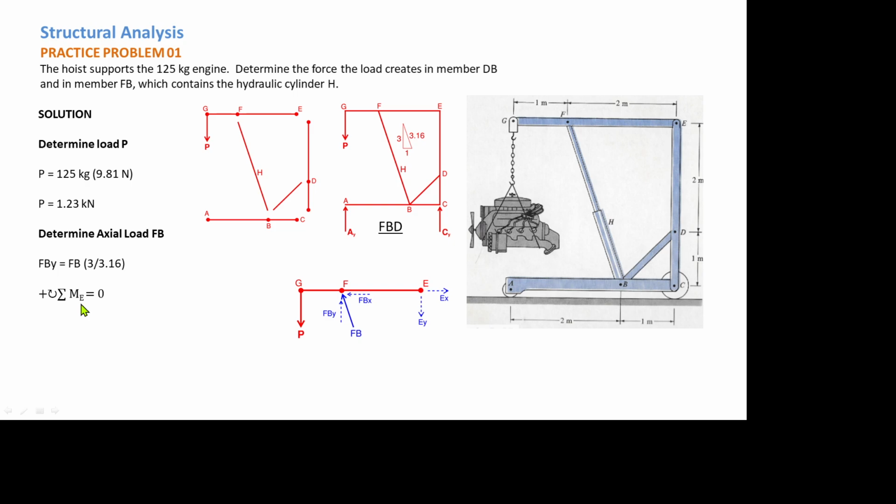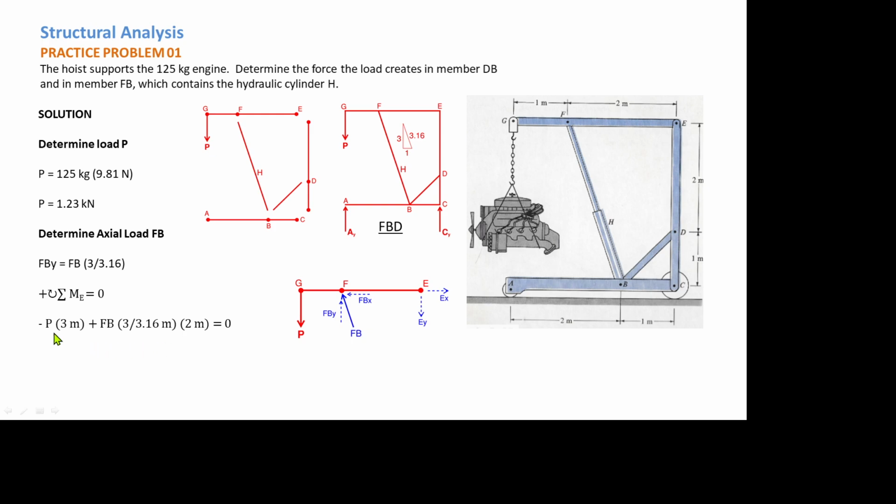So the summation of moment at point E is equal to, let's say, positive moment clockwise. So P with respect to point A is counterclockwise. So negative P times the moment arm, 3 meters from here to there, plus the vertical component of FB, which is 3 over 3.16 times the moment arm of 2 meters from here to there.